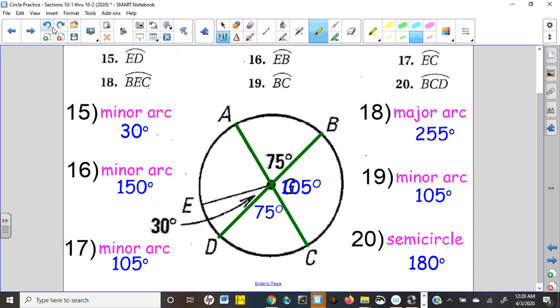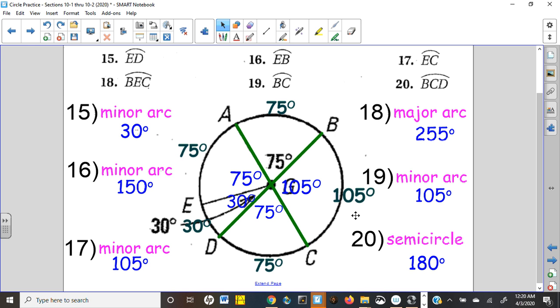And so if angle AGB is 75 and angle EGD is 30, we can subtract those from 180 to get 75 there. And then once you have those central angles, remember they're central angles because the vertex of these angles is at the center. That means the corresponding arcs are the same. So there's a one-to-one relationship with central angles.